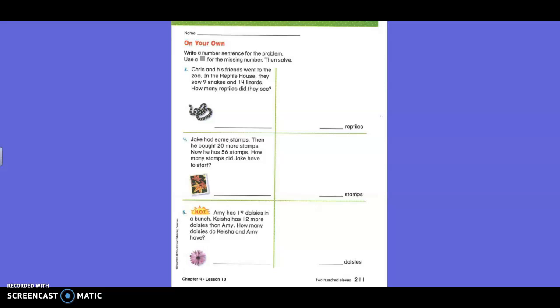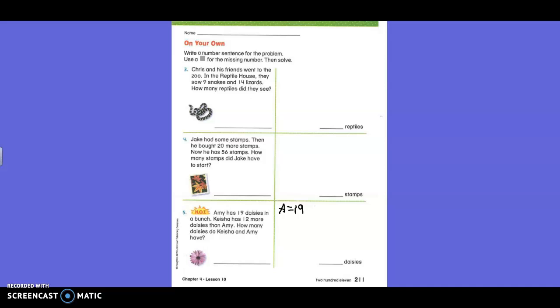Amy has 19 daisies. So I'm going to write an A for Amy, and I'm going to write 19 because I know she has 19 daisies. Okay? Keisha has 12 more than Amy. Is that telling me how many she has? No. It's telling me that she has 12 more than Amy, but that's not telling me how many Keisha has.